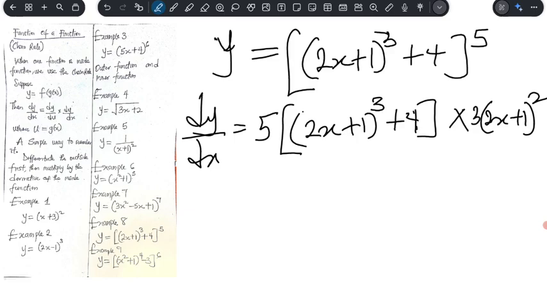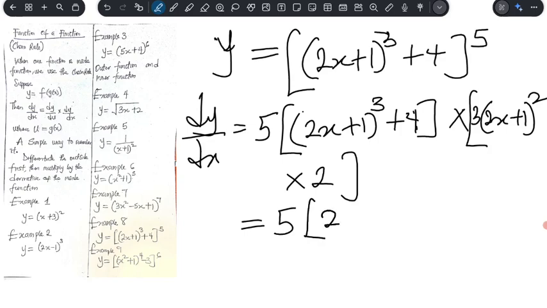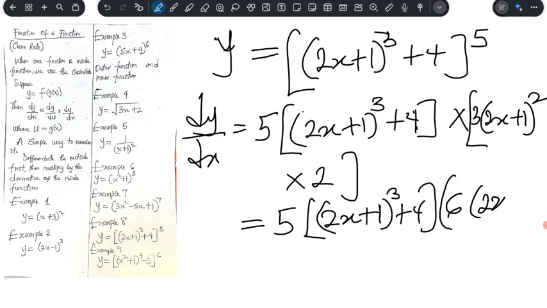Now, times 2, that is all, because 4 is a constant, which we now have 5 onto (2x plus 1) all raised to power 3 plus 4, onto, recall there is 3 outside here, there is 2, 6 onto (2x plus 1) all raised to power 2.